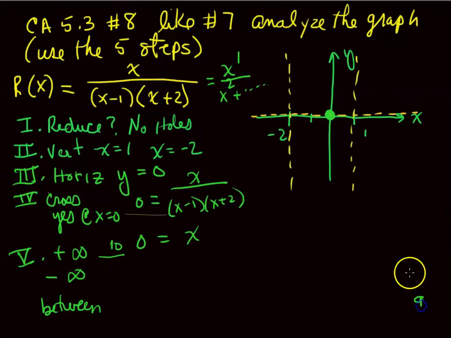Let me do that over here. 9 times 12 is 108. So 10 over 108, and you compare that with our horizontal asymptote, 0. This is 108, a little bit greater than 0. So now I'll be able to say it's above.